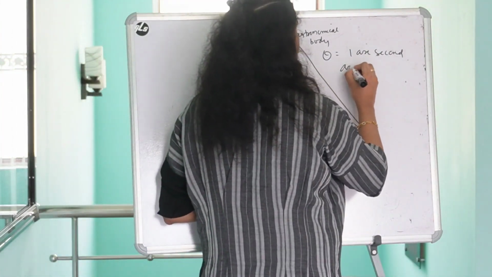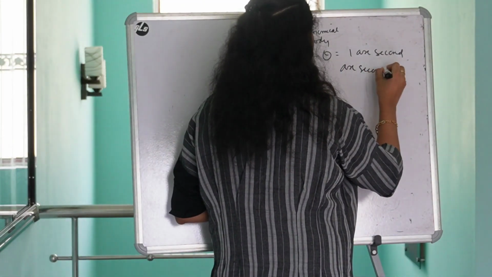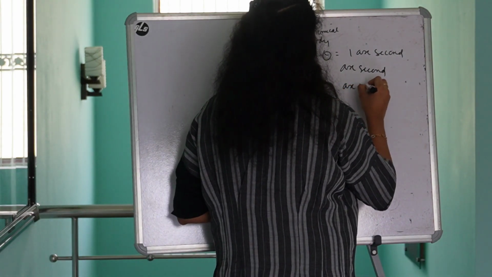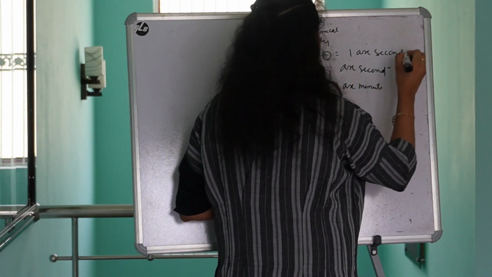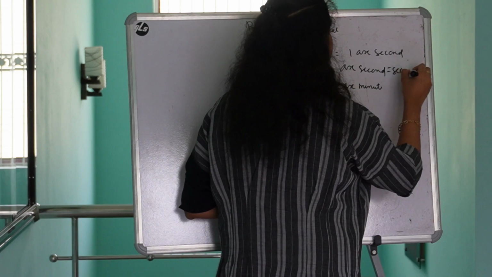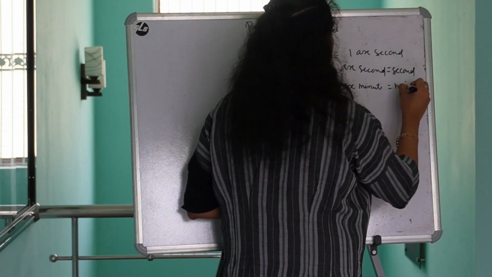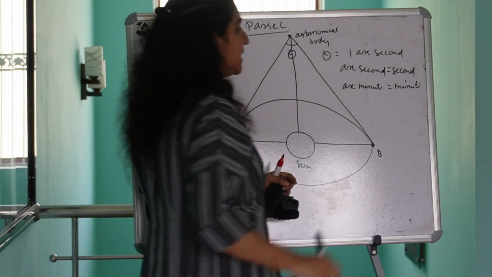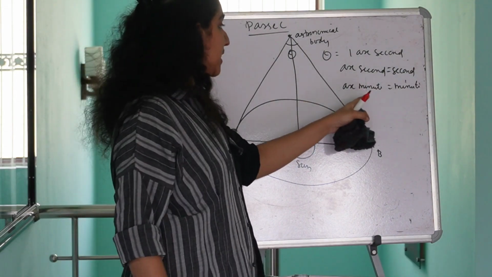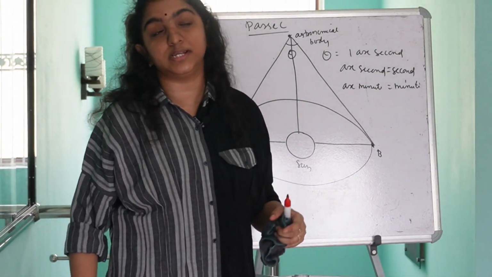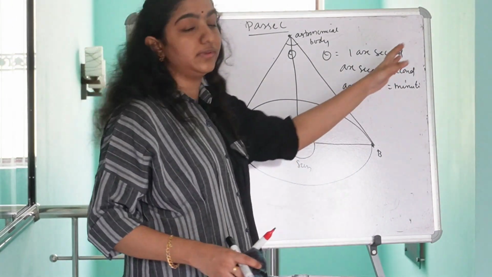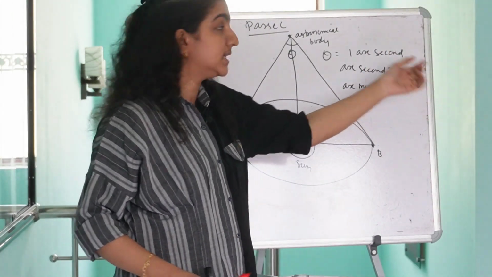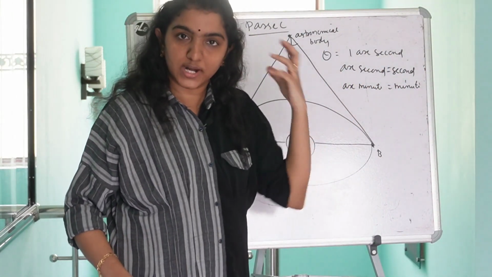Arc second and arc minute are the same as second and minute. Arc second is same as second and arc minute is same as minute. There is no difference between these two units. These two units are one and the same.